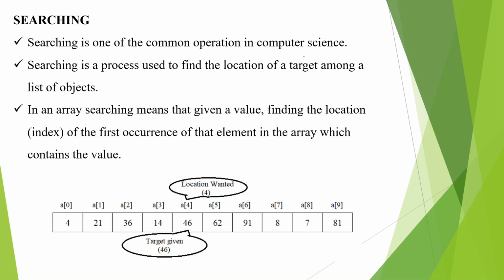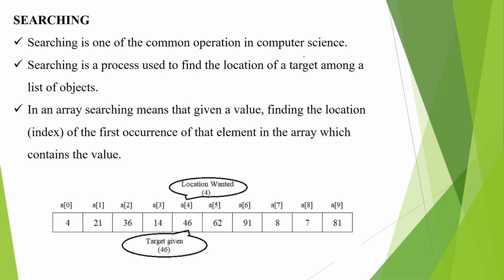These two operations, searching and sorting, we perform many times. Whatever type of algorithm you apply, in many different types of algorithms to be solved, we use these searching and sorting techniques.